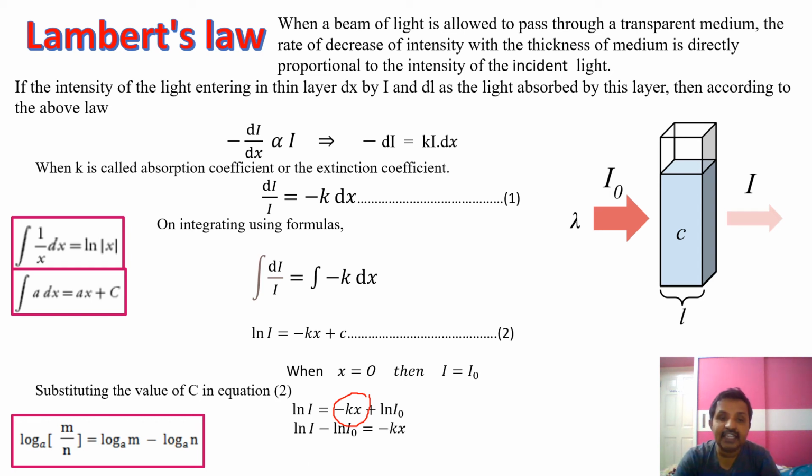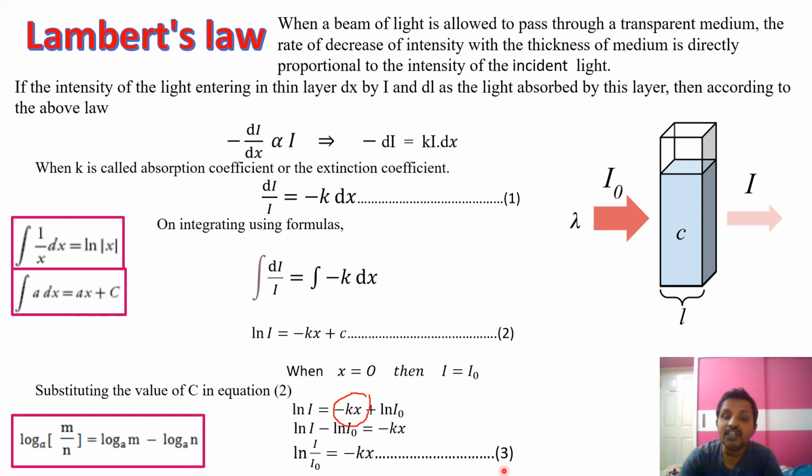Then we get the equation as ln I minus ln I naught equal to -kx. Now, ln I minus ln I naught is equal to ln of I divided by I naught, using the formula given below, is equal to -kx.